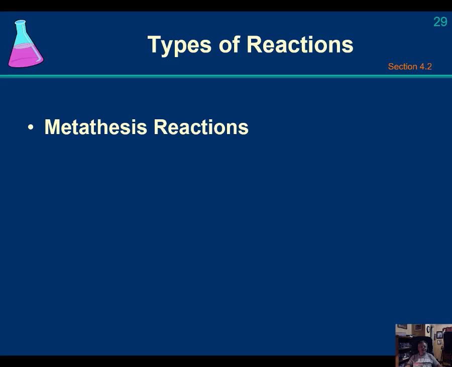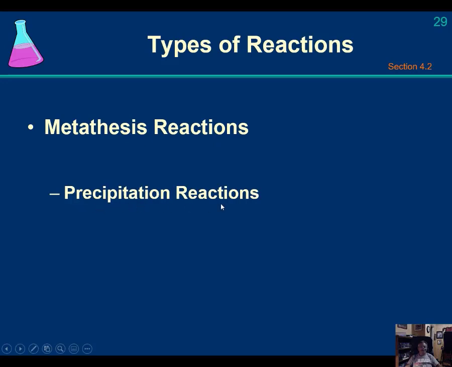Types of reactions. We have 2 general types of reactions we're going to talk about. We're going to talk about metathesis reactions. Metathesis reactions are what we call double replacement reactions. They swap partners. So you'll have essentially 2 compounds, and the cations and the anions will swap places with each other.